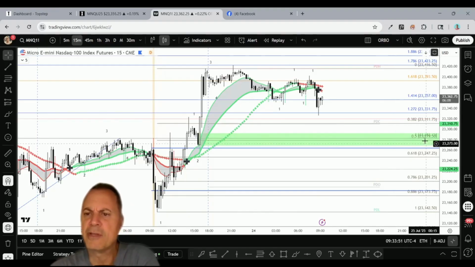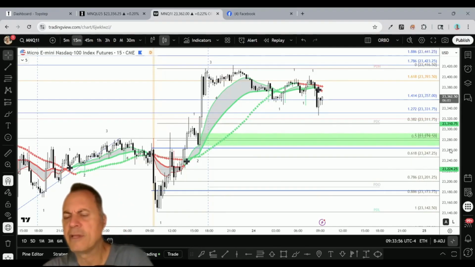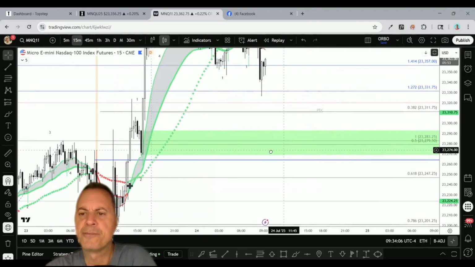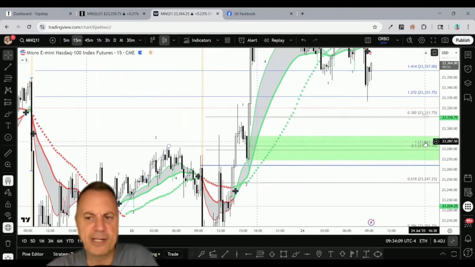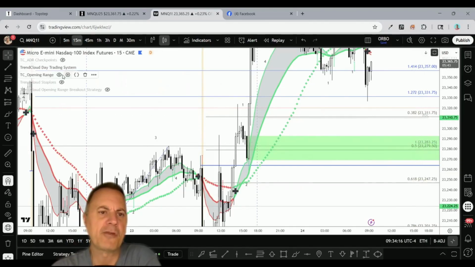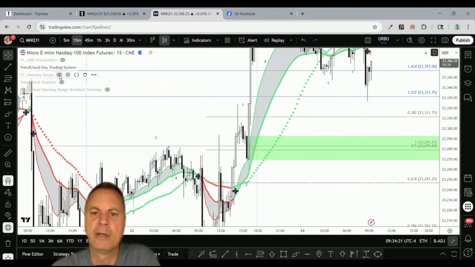And right in here, you can see the 50% and, I don't even know what that is, I can't even see it. But there's a cluster of lines here, cluster of lines here, along with some support levels from your opening range tool.